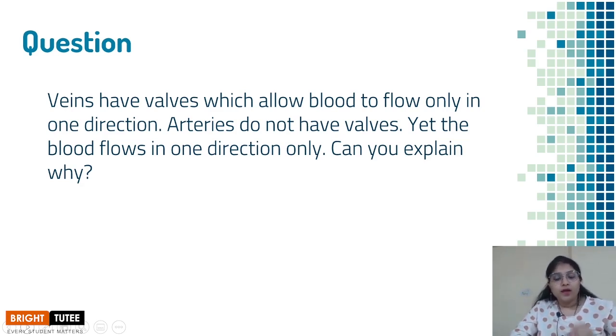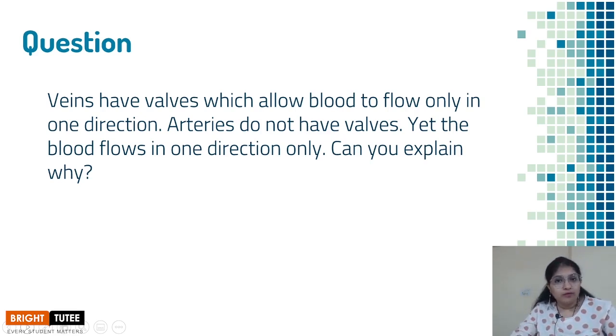When the heart is pumping the blood into the arteries, the blood is flowing rapidly inside the arteries, and because of that speed the blood is able to flow only in one direction, and that's the reason why arteries do not need valves to keep the blood from flowing bidirectionally, right? Because of the jerky and rapid motion of blood inside the arteries, they do not need valves.